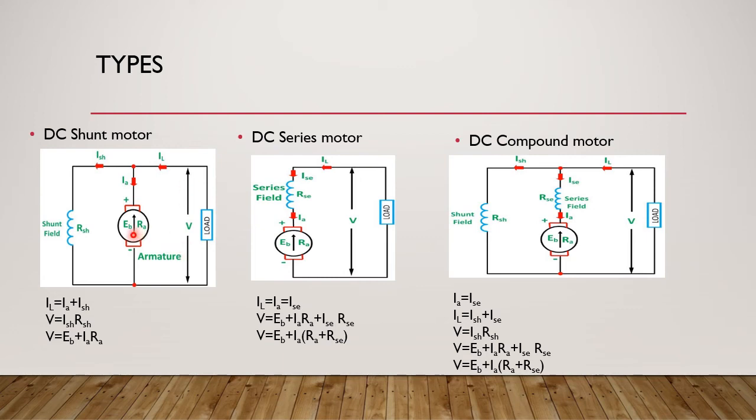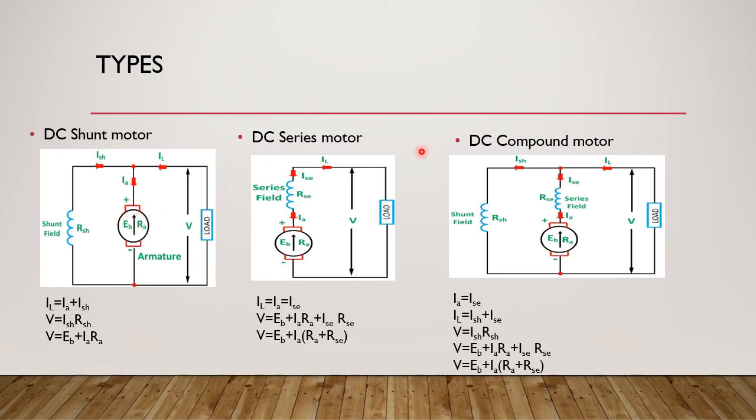So we write EB on the right hand side: V is equal to EB plus IaRa, where EB is the back EMF. In a generator, the EMF generated Eg is the source, so we wrote Eg is equal to V plus IaRa. But here it is different. V is the applied voltage, EB is the back EMF due to this voltage, plus IaRa, the drop in the armature.